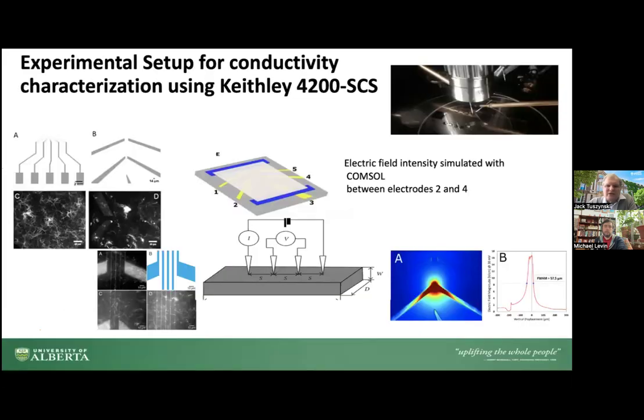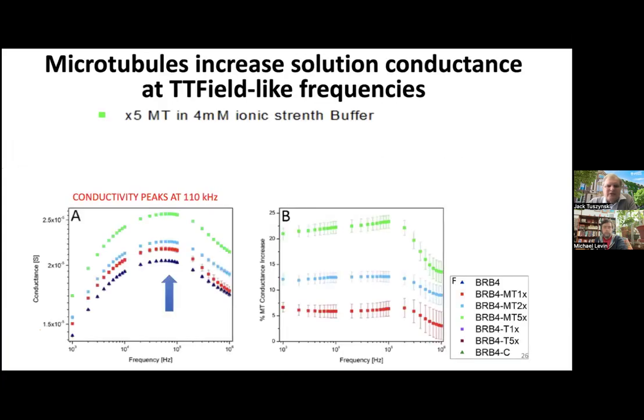This is a schematic of the experiment with the semiconductor characterization device called Keithley. And we found, first of all, frequency dependent conductivity responses.